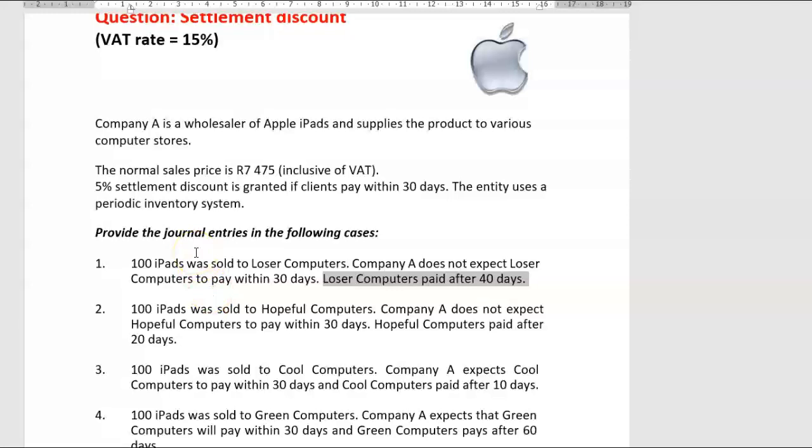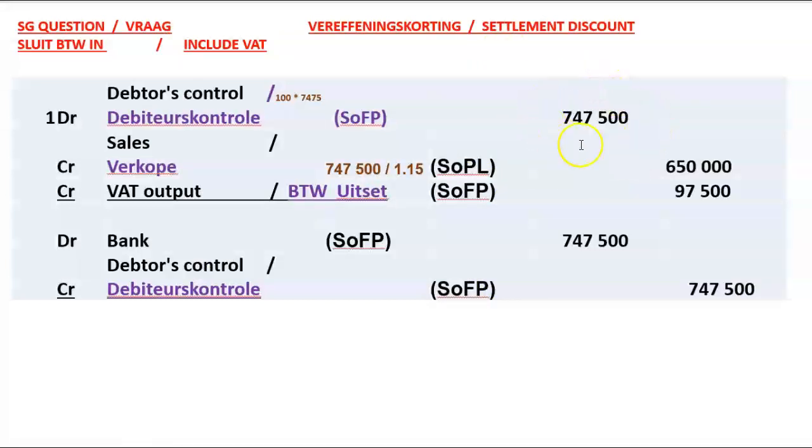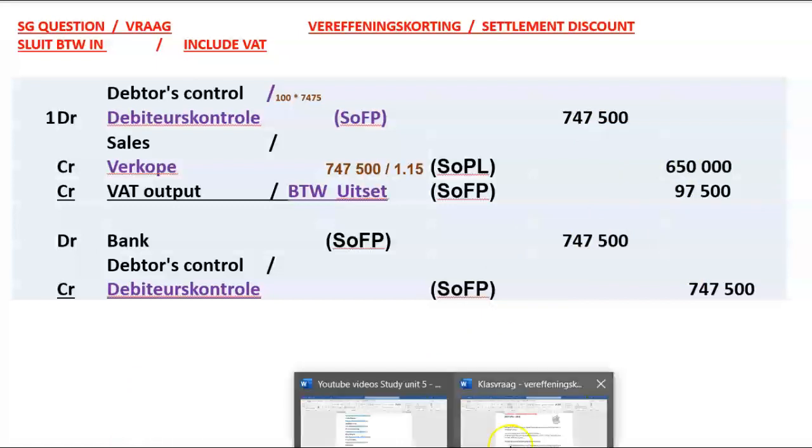So what do they have to pay you? They have to pay you the outstanding invoice amount. That is the amount that we're going to receive in our bank account, 747,500, and our debtors control is going to be credited with the same amount, 747,500. The outstanding debtor is going to be clean, our sales figure is correct, our VAT is correct, and the amount that we received is correct.